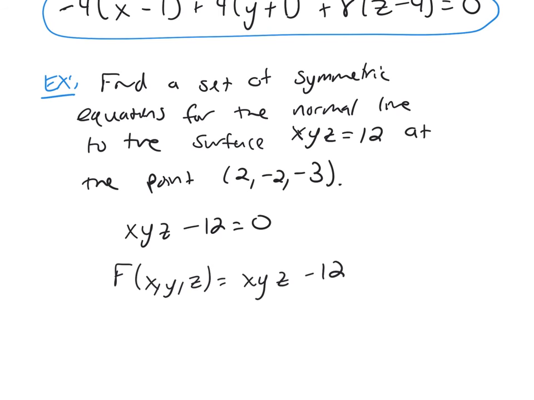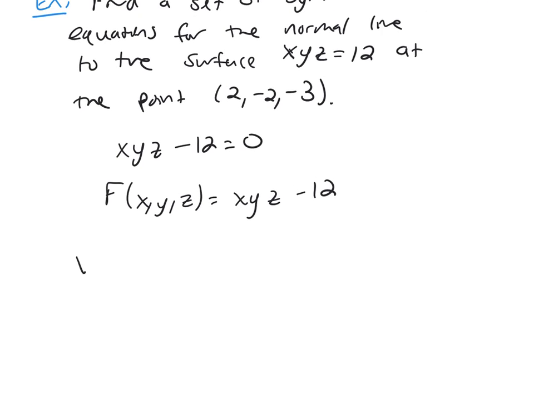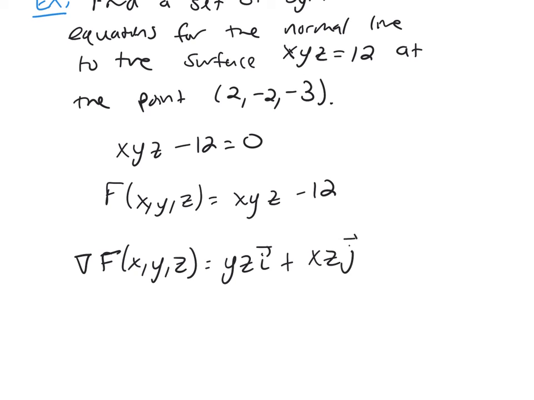And then you're going to find the gradient of this function. Take the derivative with respect to x, you'll get yz. The derivative with respect to y, and the derivative with respect to z.